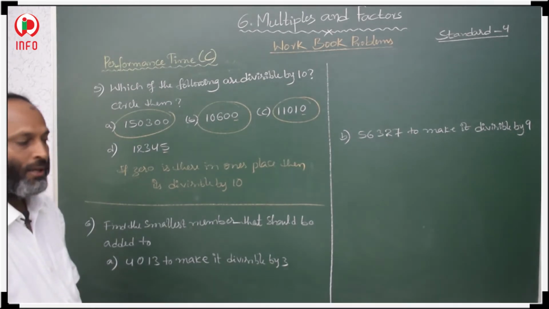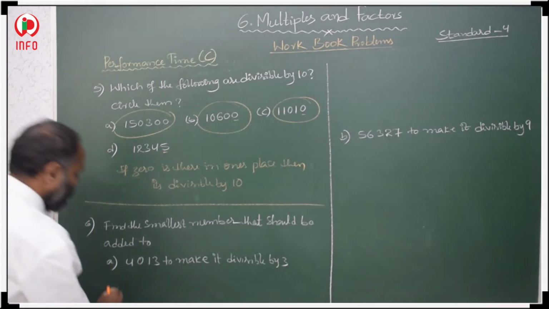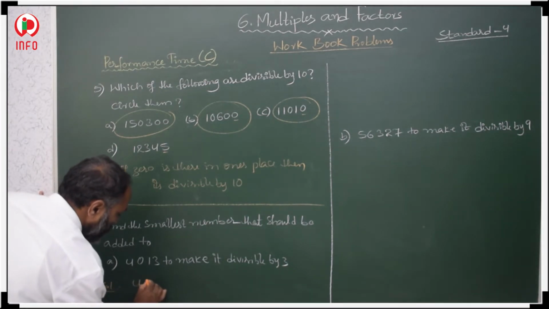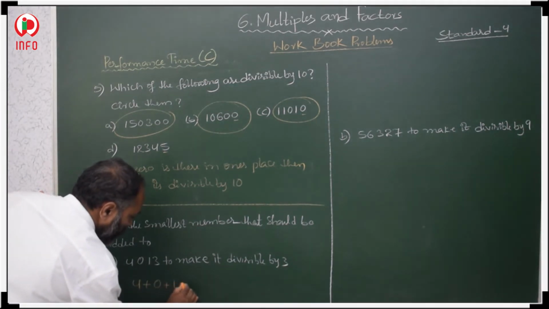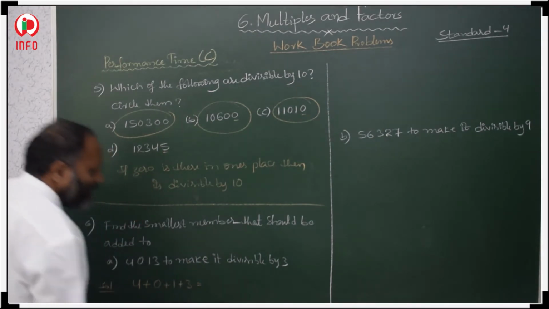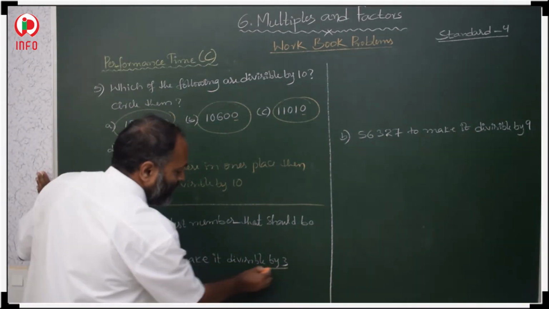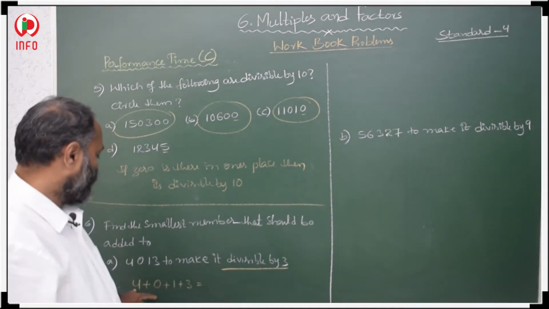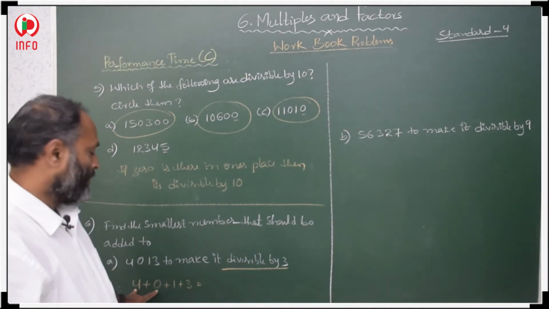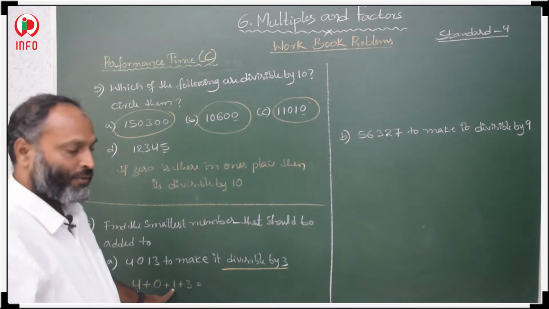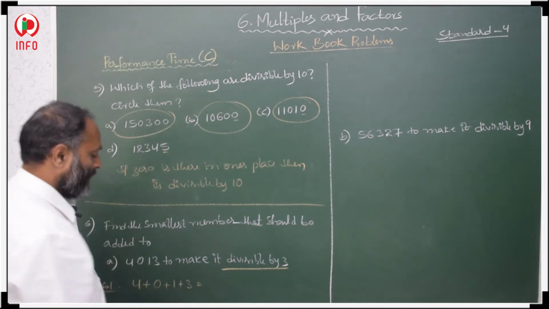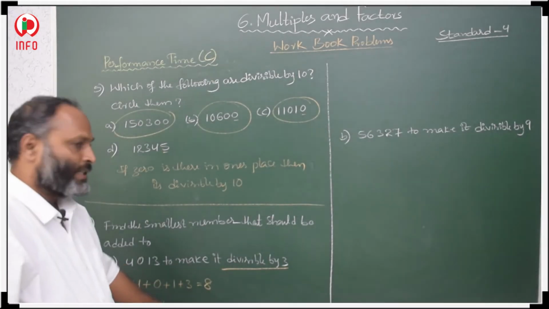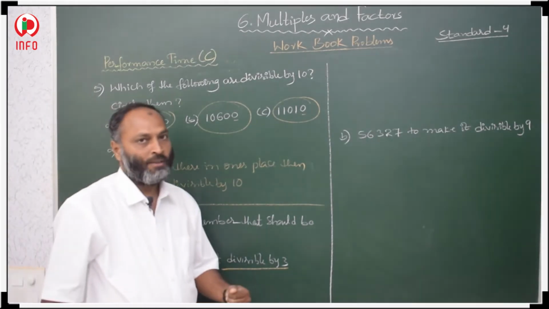by 3. So what do we have to do? We add all the digits, 4 plus 0 plus 1 plus 3, the sum of the digits, which is the condition for divisibility by 3. 4 plus 0 is 4, 4 plus 1 is 5, 5 plus 3 is 8. 8 is not there in the 3 table.